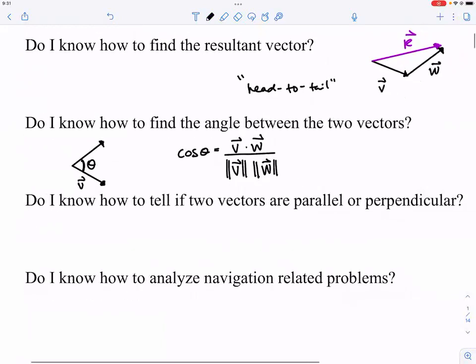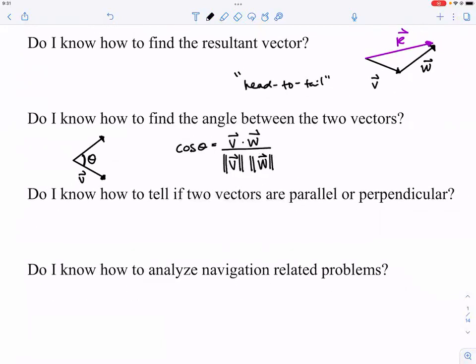And do I know how to tell if 2 vectors are parallel or perpendicular? Well, what do we say about parallel vectors? Parallel vectors are always multiples of each other. So you can have a vector A that is like 2, 3, and a parallel vector would be like 6, 9.